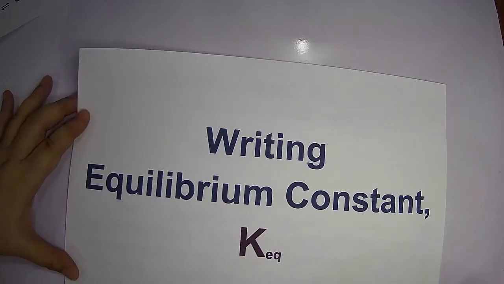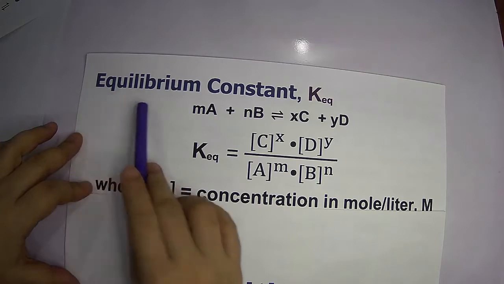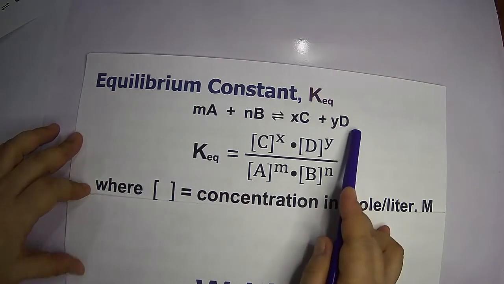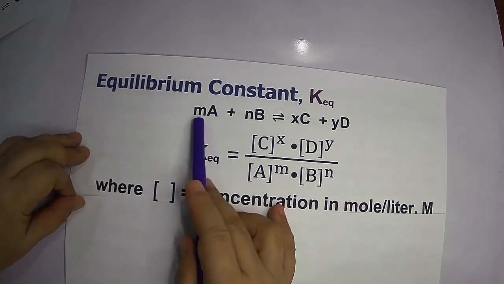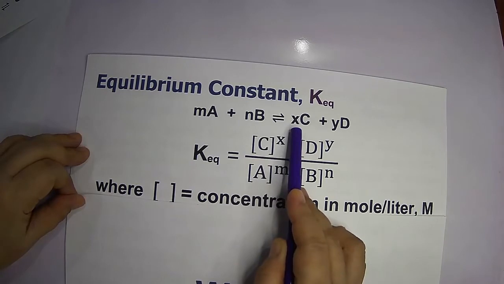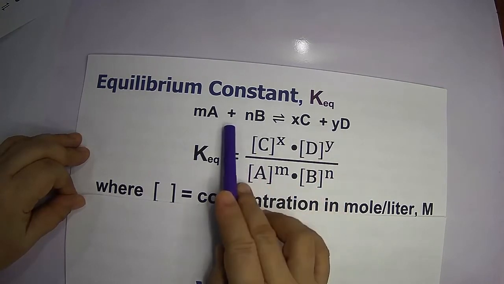Okay, the next topic is writing the equilibrium constant, or the Keq expression. Let us recall the equilibrium constant Keq, referring to the balanced equation, wherein you have m moles of A plus n moles of B producing reversibly x moles of C and y moles of D. The reaction is reversible.